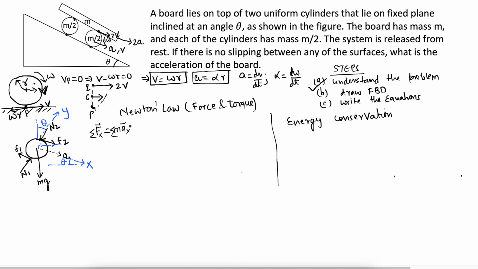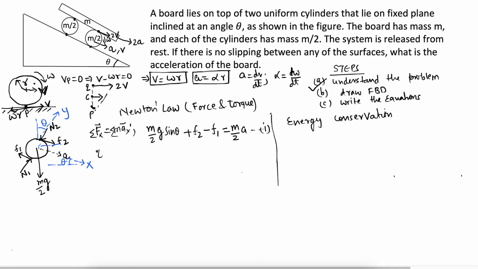So we'll write in x direction. This is m by 2 g, by the way. So this is m by 2 g sine theta in x direction. F2 is also in positive x and F1 is in negative x, equal to m by 2 a. Let's call this equation 1.